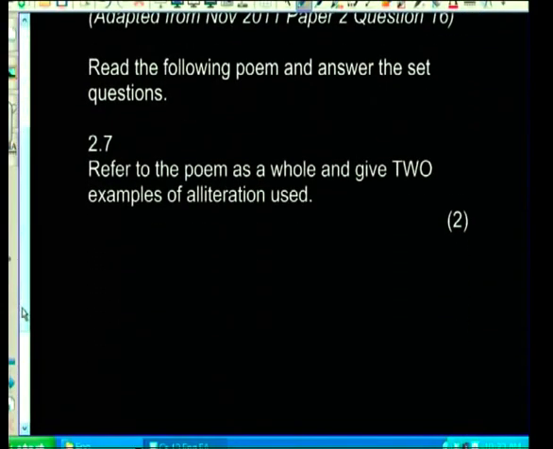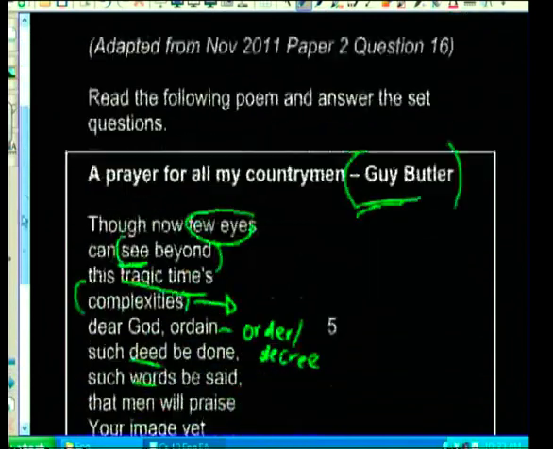The next question we have is: read the following poem and answer the set questions. So we're on the same poem. Refer to the poem as a whole and give 2 examples of alliteration. There are many examples of alliteration. So we'll go back to the poem and let's have a quick look. Here we go.